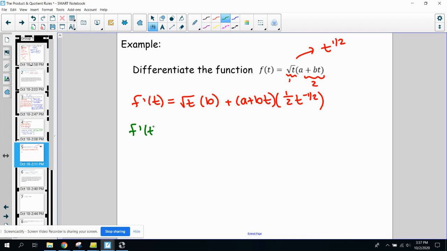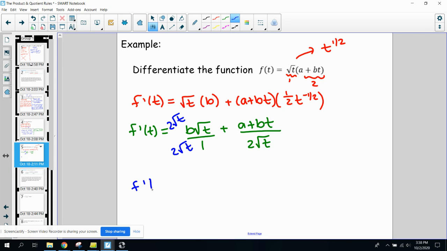So f prime of t is equal to, I'm just going to rewrite this so it looks a little bit nicer. So b radical t, and then I'm going to make this a plus bt over 2 square root t, just to rewrite it. And then I could add these together if I have a common denominator. Really this denominator is like a 1. So if I multiply by 2 root t here and here, I can simplify this even further.